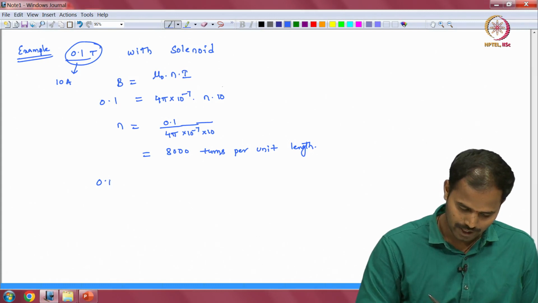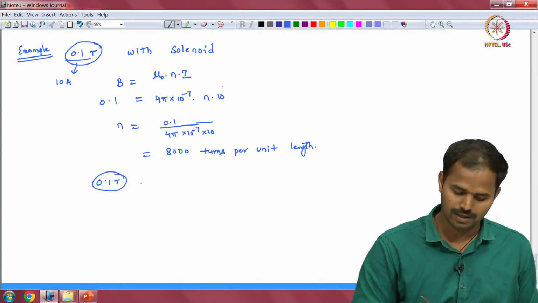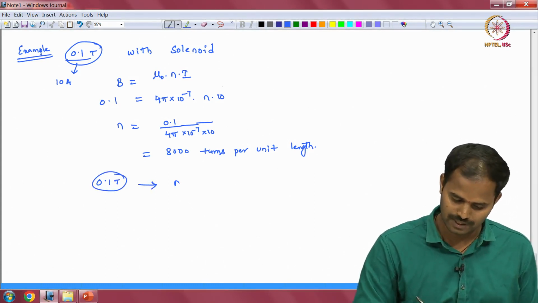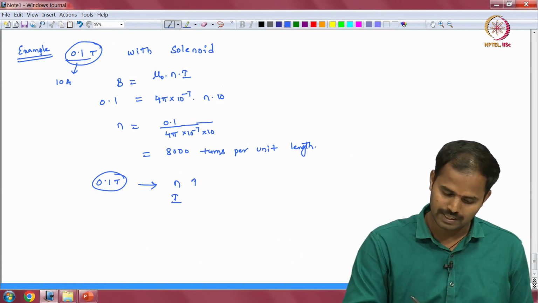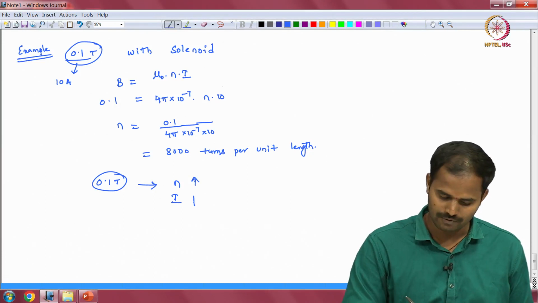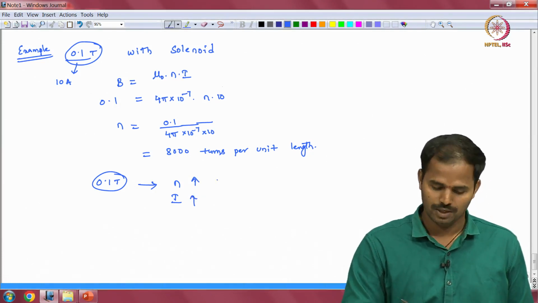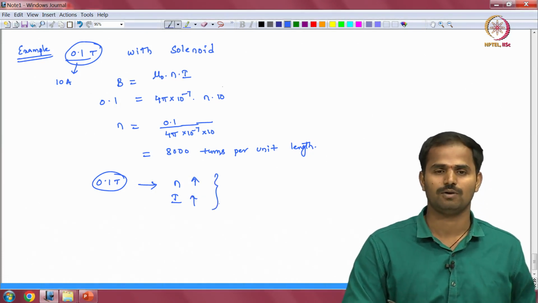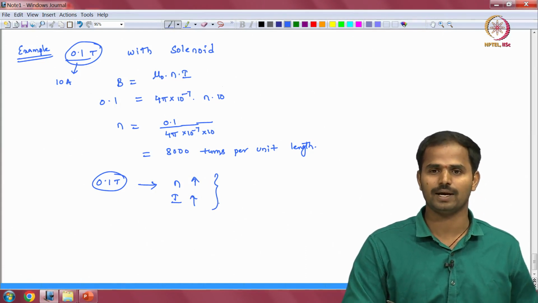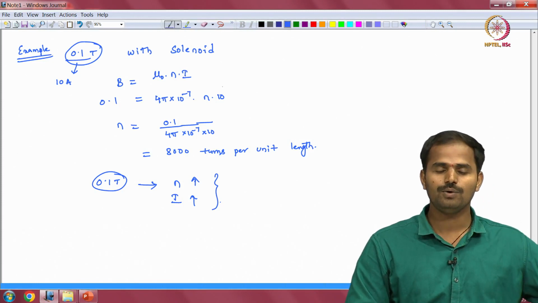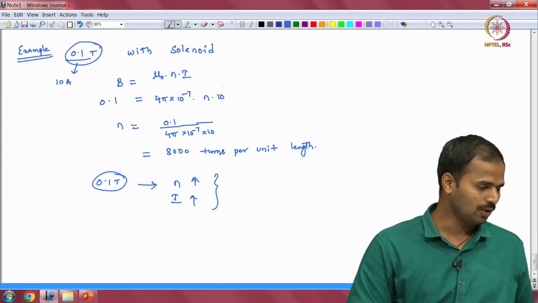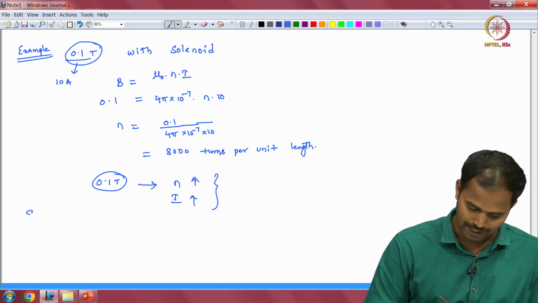In other words, in order to generate 0.1 Tesla, we have options with respect to N and current I. We can increase either the number of turns or the current. But both are not feasible with respect to practical limitations. So, what to do? In order to avoid this situation, William Sturgeon invented the electromagnet.